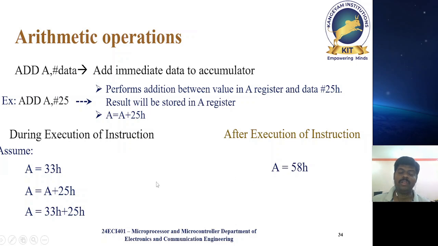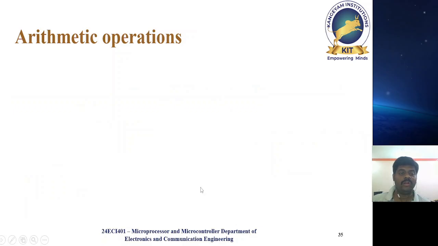That means either the carry flag or the auxiliary carry flag will be set, depending upon the result. Okay. So here we are going to see ADDC A comma Rn. What happens is that we are going to add the A register value, the value in the general purpose register, and also the carry information. That is what happens here.